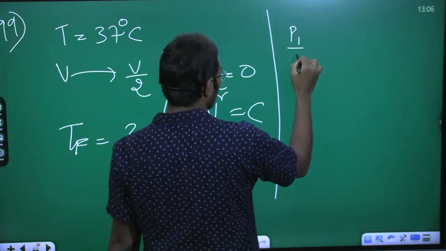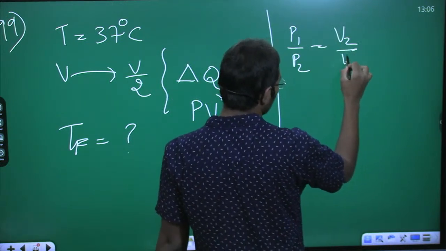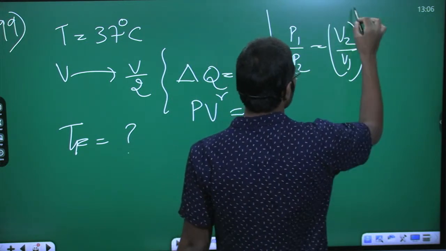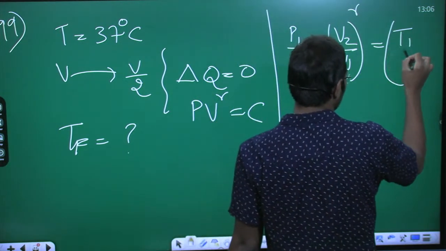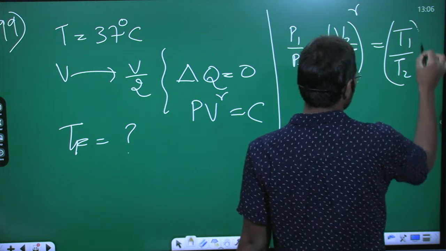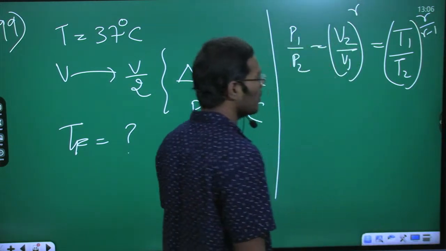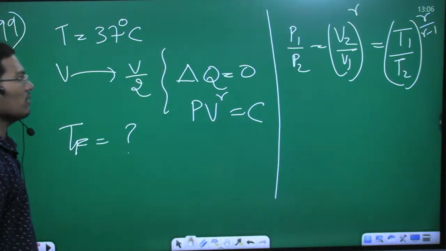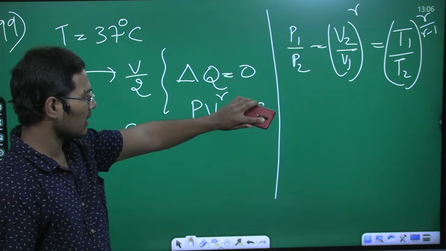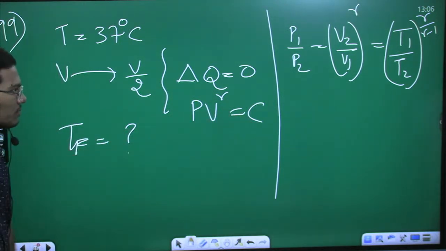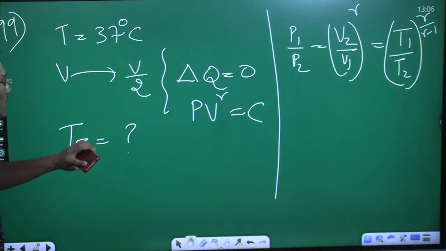P1 by P2 equals V2 by V1, not V1 by V2, V2 by V1 to the power gamma, and T1 by T2 to the power gamma by gamma minus 1. If you have this relationship at your fingertips, you can directly use it. Here volume is given, and temperature is being asked.